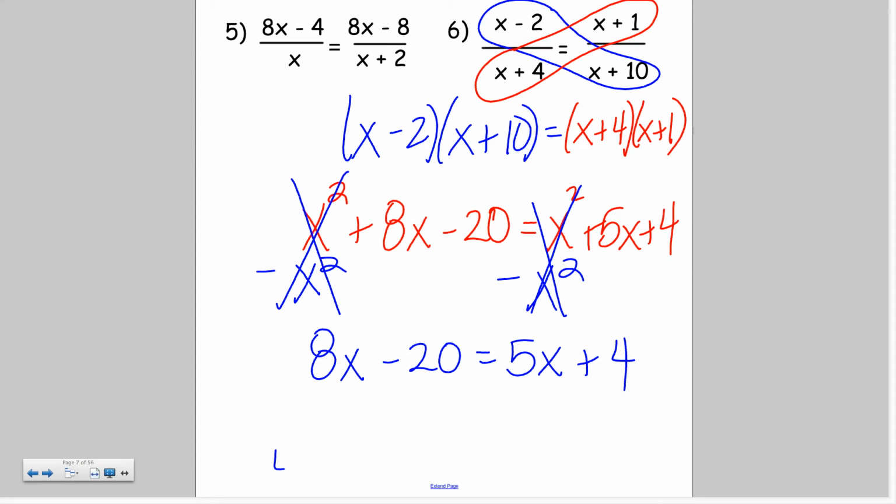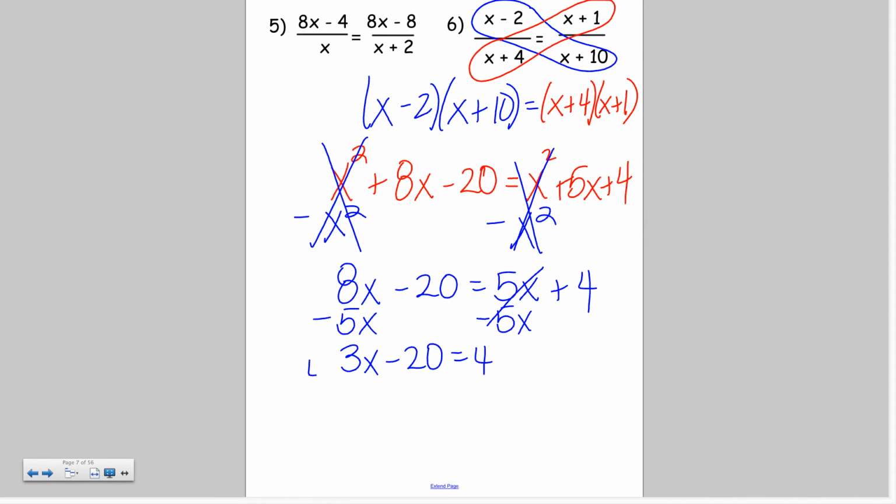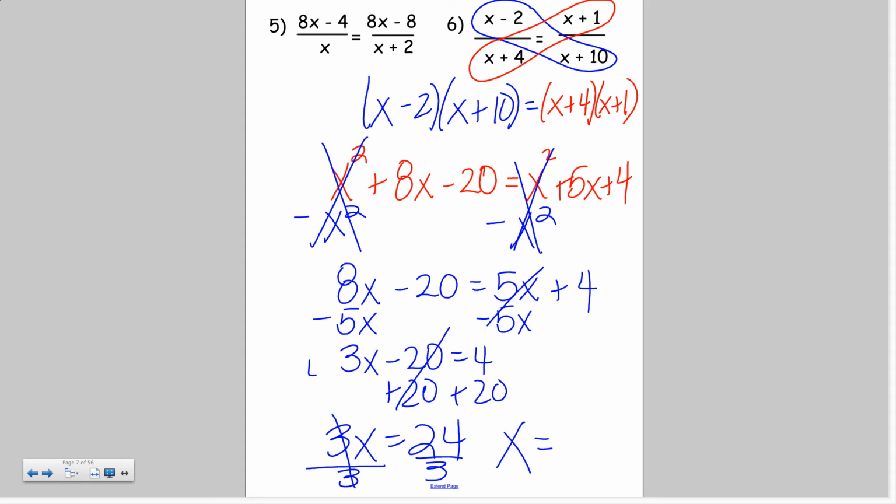So now I'm going to get variables on one side, constants on the other side. So now we're going to add 20. So 3x equals 24. Divide by 3. And x is equal to 8.